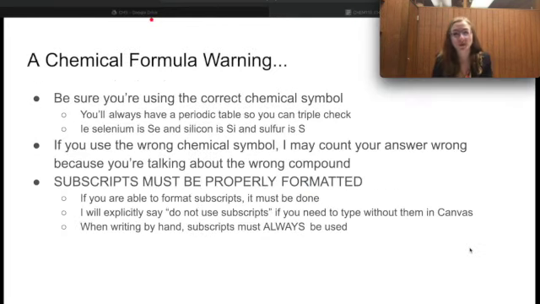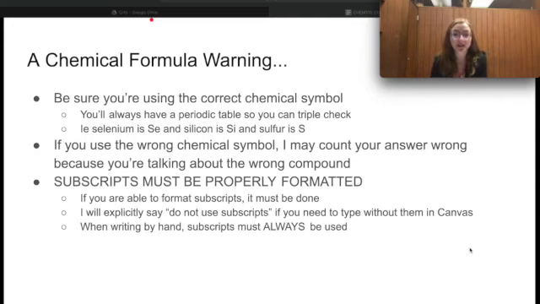Okay, so before we move on to some examples, I want to give you some warnings about what happens when we write chemical formulas, okay? You have got to be sure you're using the correct chemical symbol. You'll always have your periodic table to triple check. If you mean selenium, you're using Se. If you mean silicon, you're using Si. If you mean sulfur, you're using S, okay?